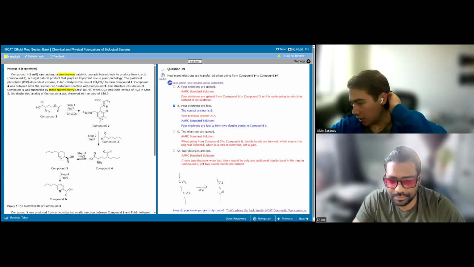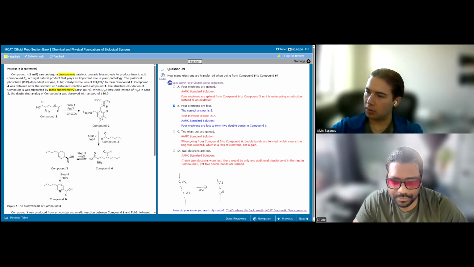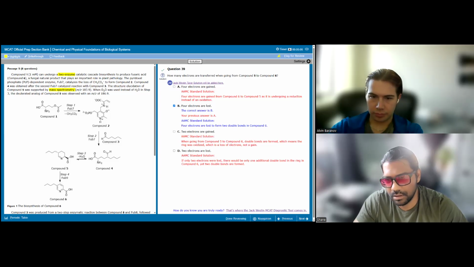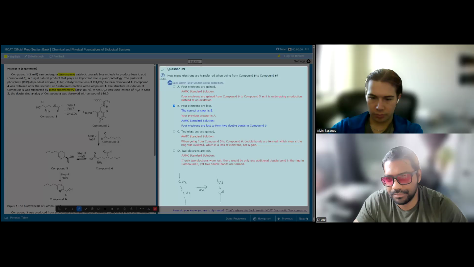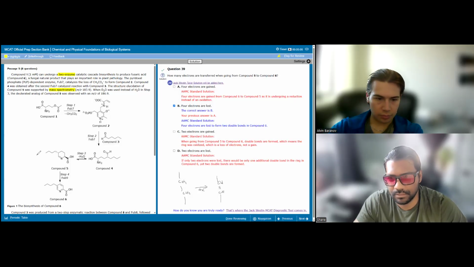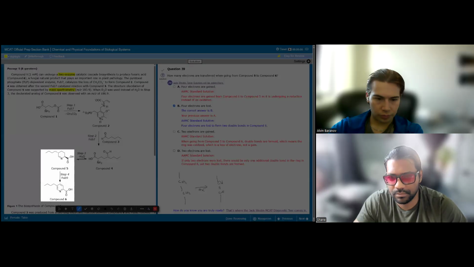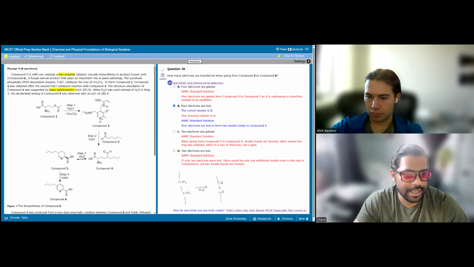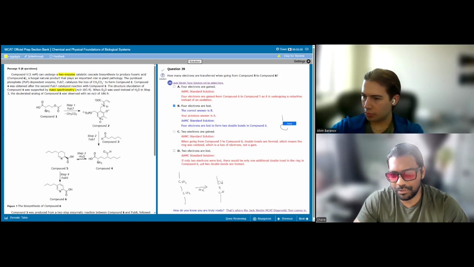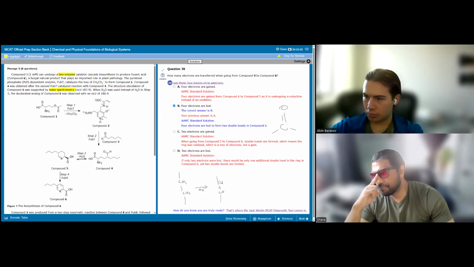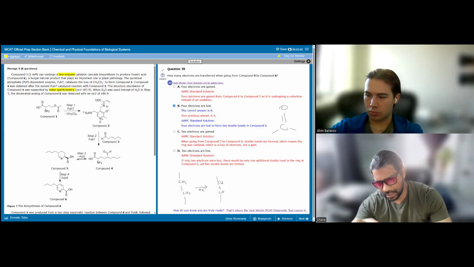Yeah, this could also help. So in a carbonyl double bond, oxygen is gaining two electrons, and carbon is gaining two electrons.